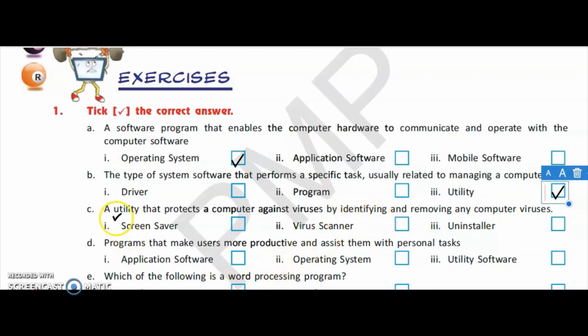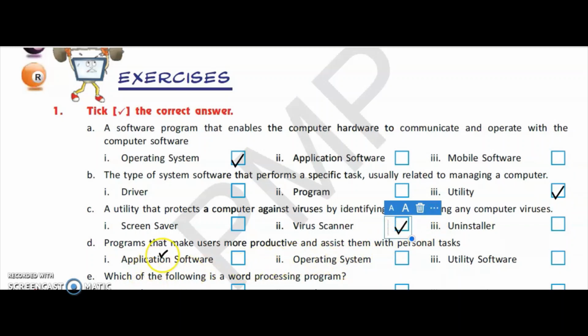Now the third question, a utility that protects a computer against viruses by identifying and removing any computer viruses is a screensaver, a virus scanner, or third one is uninstaller. So what will be the answer? The answer will be virus scanner.